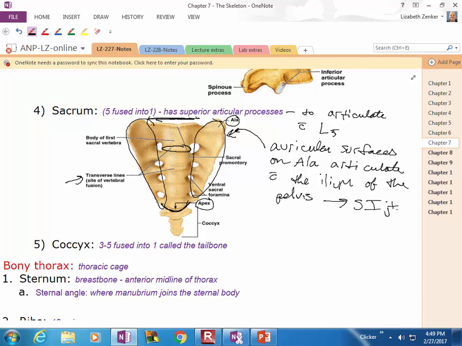Now, if they're L5, or if they had an L6 and it looked more like the sacrum, with certain features that look more sacral-like than lumbar, they would call it a sacralization. If they had an S1 that looked more like a lumbar, whether it fused or not, they would call it a lumbarization.